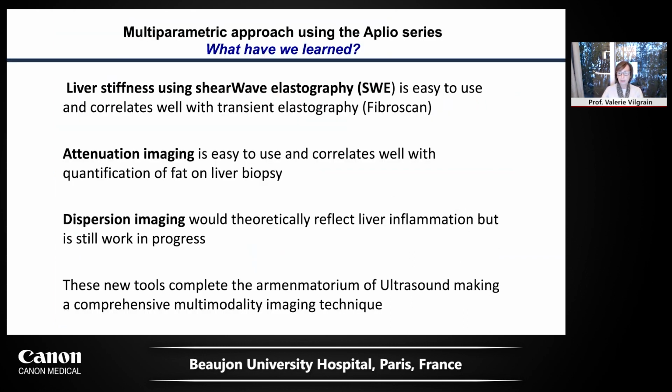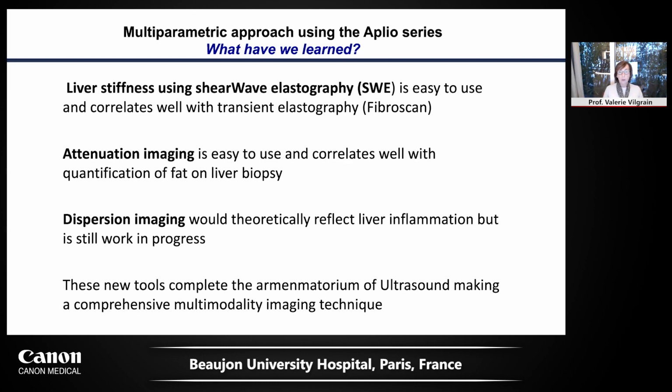With that, I would like to conclude. First of all, liver stiffness using shear wave elastography is easy to use and correlates well with transient elastography. This is a very important biomarker for chronic liver disease, and I strongly encourage people to use it routinely. Second, attenuation imaging is easy to use and correlates well with quantification of fat, but we will know more about that with the second lecture.